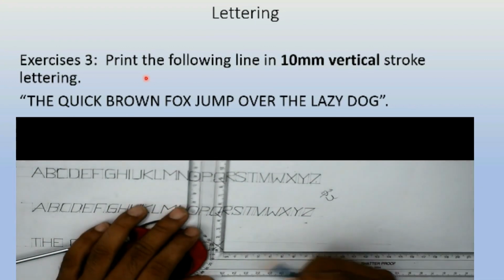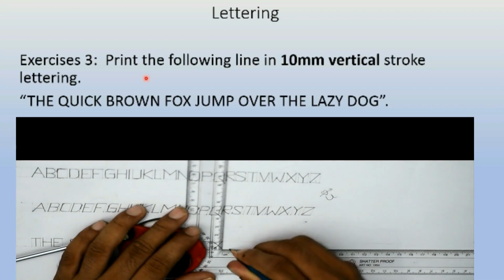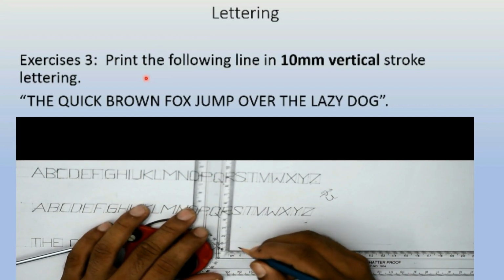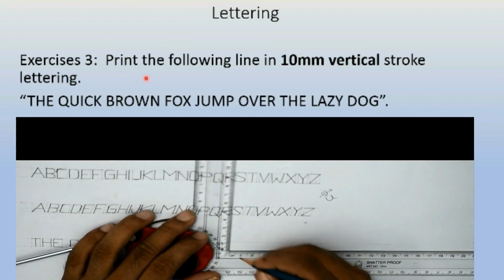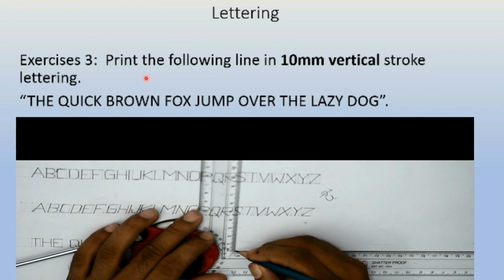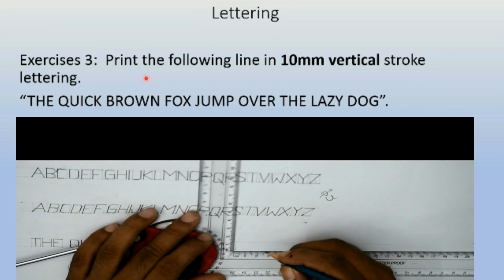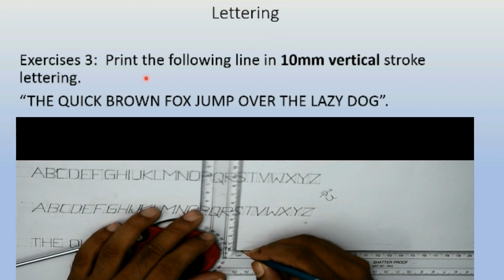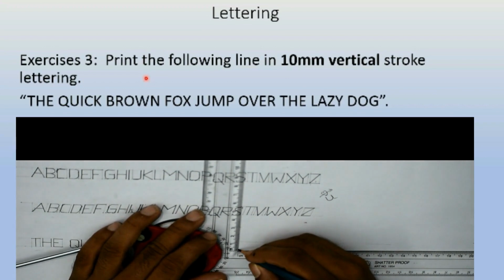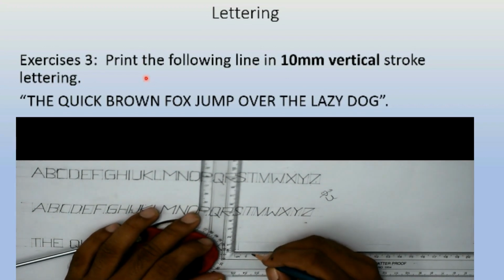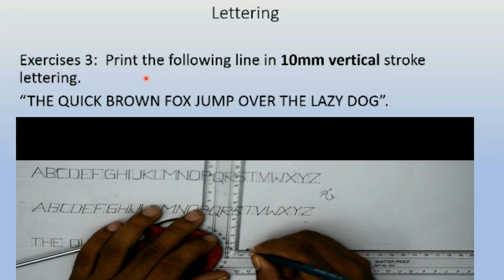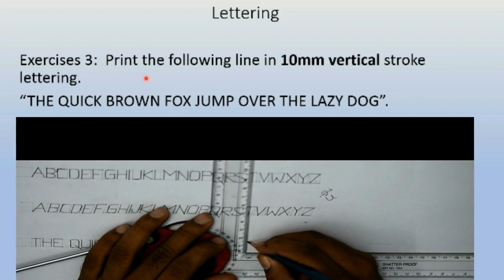jumps. So again the word has changed. 6 mm gap. Jumps. So J is an exception case. We will take width as 5. Some people take 7 also, but here I am taking only 5 mm width. J, U, once again you have appeared 2 times.